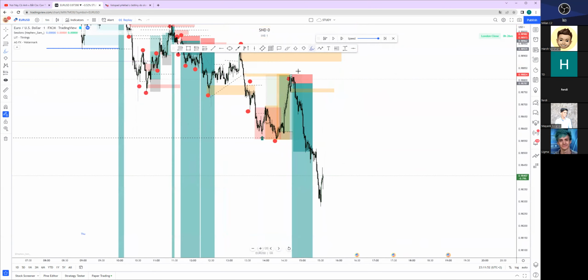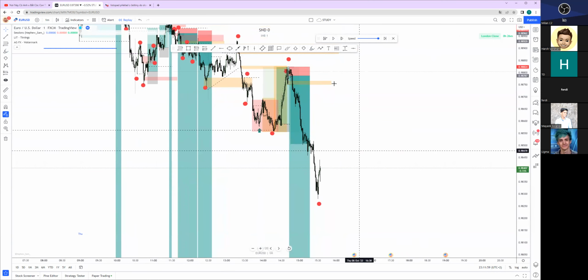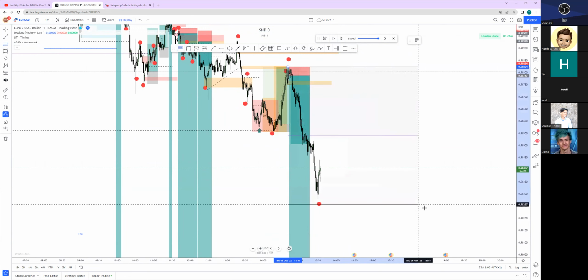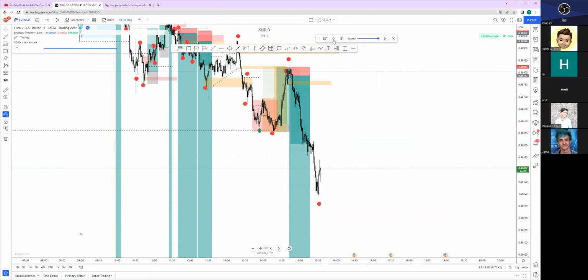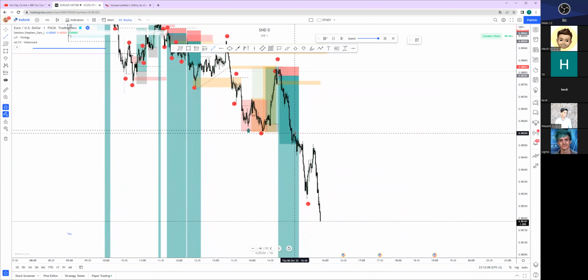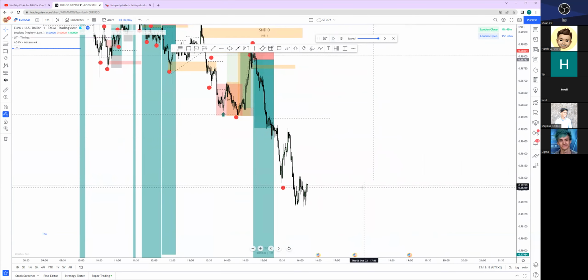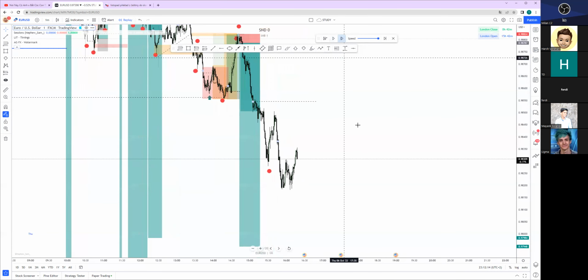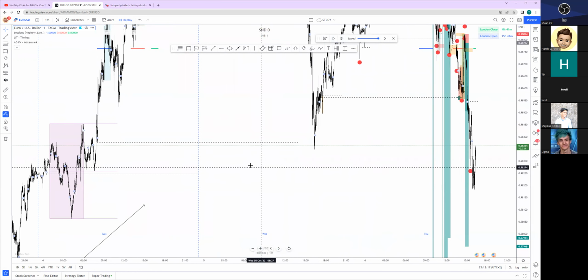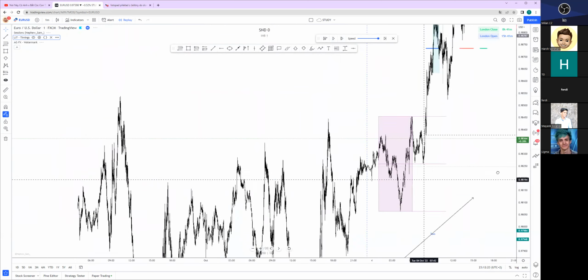Okay, so let's try it. Let's be a low. Yeah, so you can just wait here for a safe entry. But oh yeah, and we already swept this, and now price is reacting to something below here.